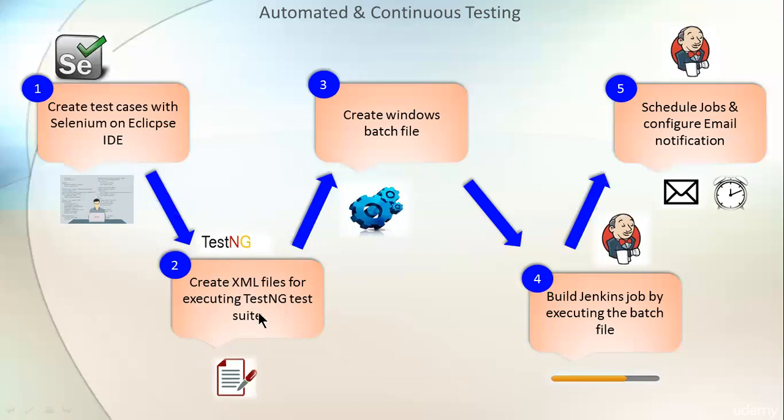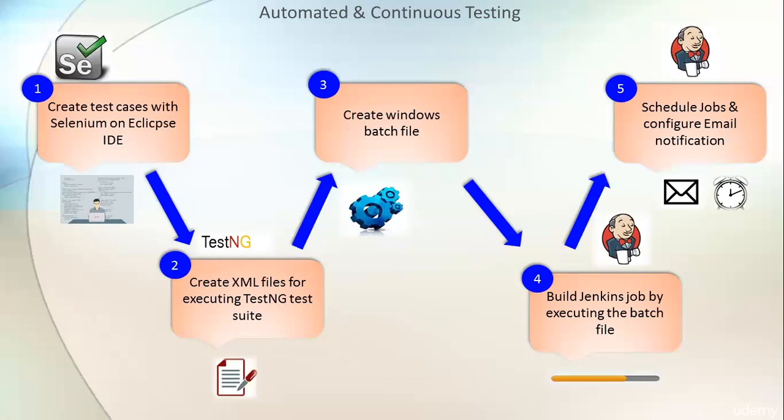For example, if I need 10 libraries and 2 binaries, they should be with this TestNG. When we execute the TestNG XML file, the binaries and libraries support it. If the library and binary are missing while executing TestNG, it will fail. In our practical session, we'll see how this works.